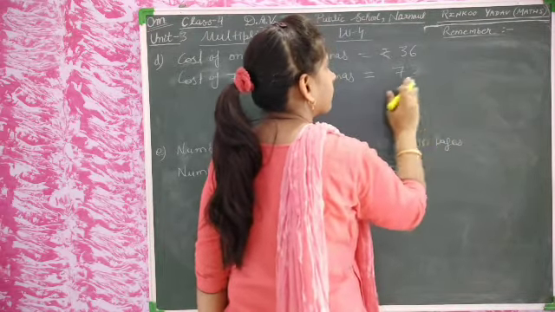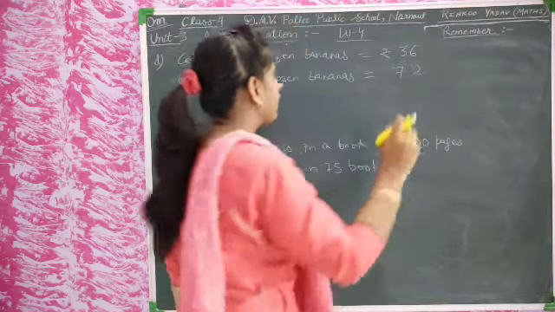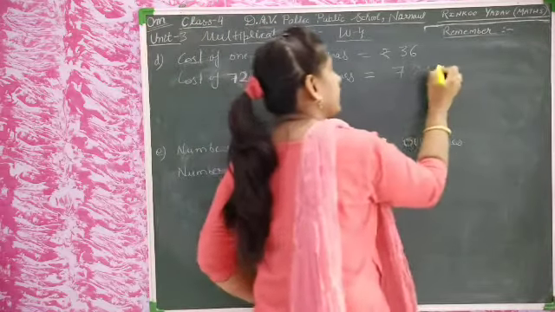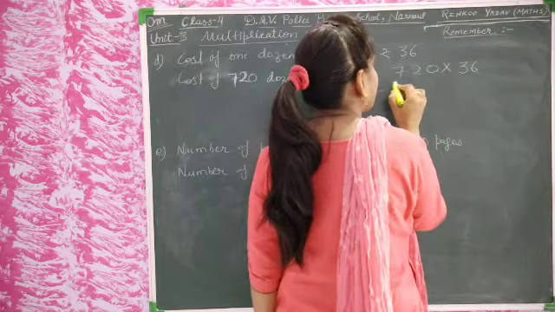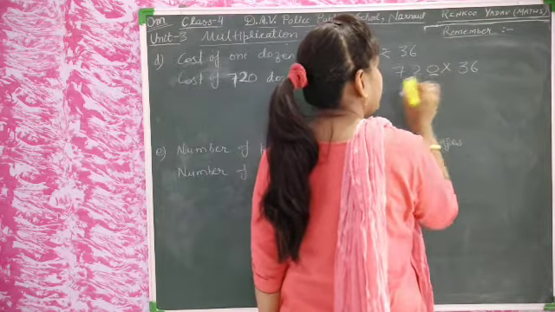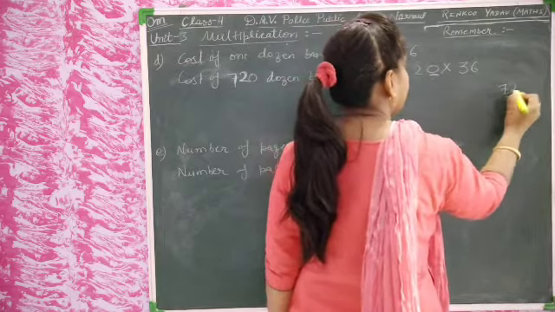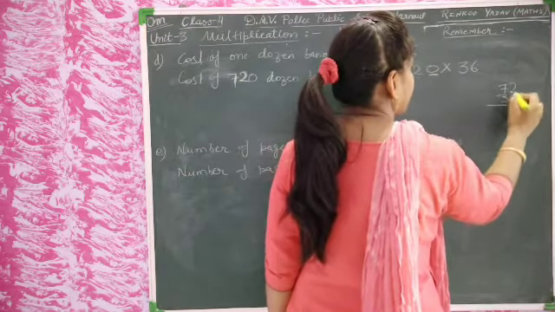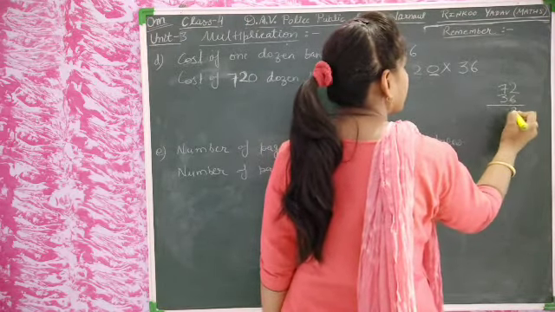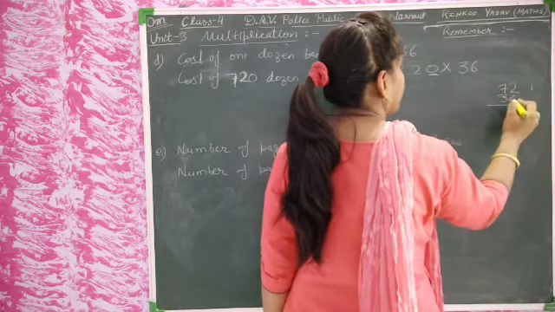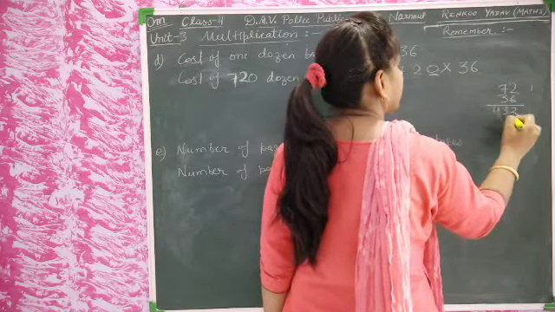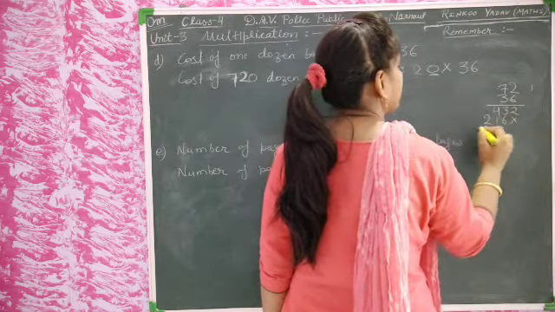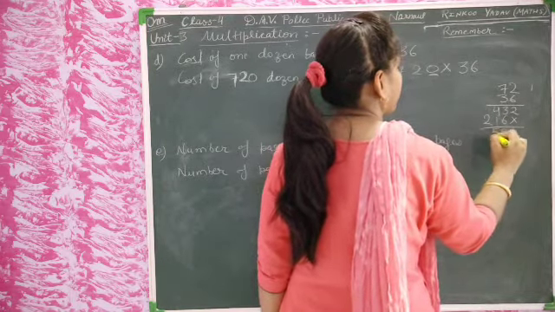So we know about the oral questions we have done here. 720 into 36 is equal to, we have put 0 aside and we are multiplying 72 by 36. 6 twos 12 here, 1 is carrying there, 6 sevens 42, 42 plus 1 is 43, 3. 3 twos 6, 3 sevens 21, 2 9 5 2.